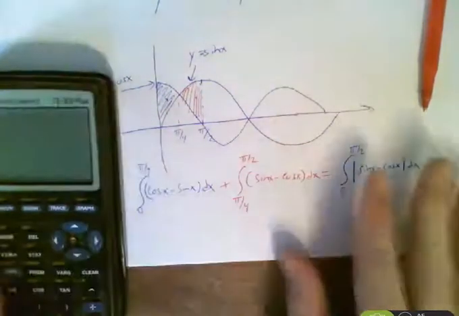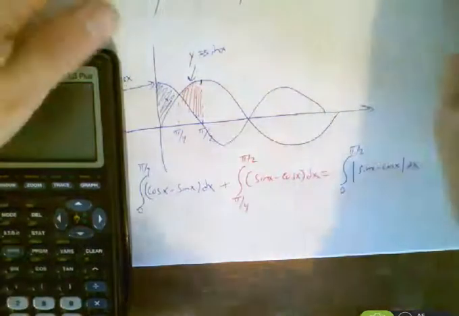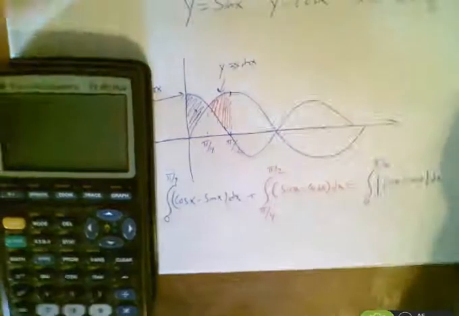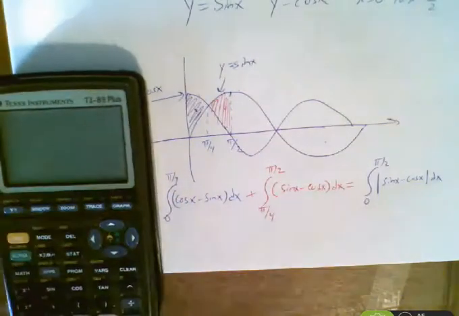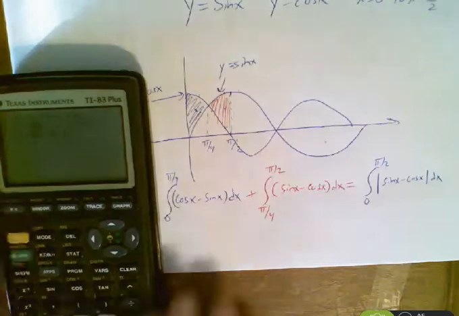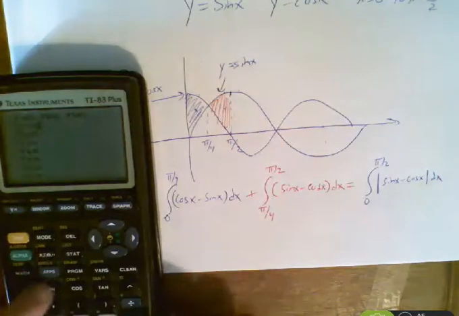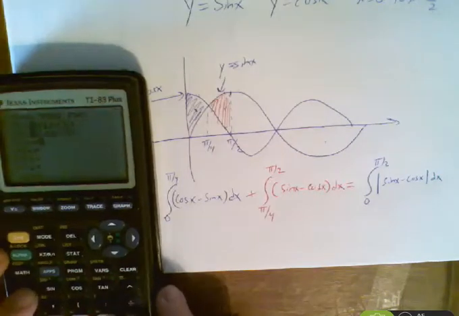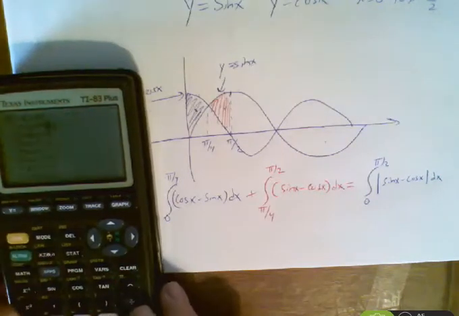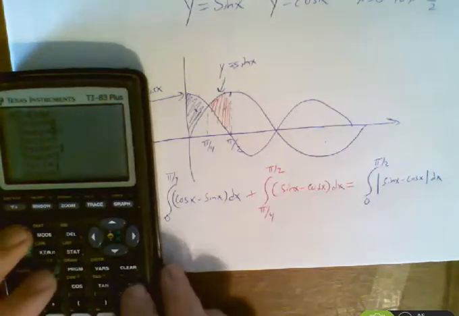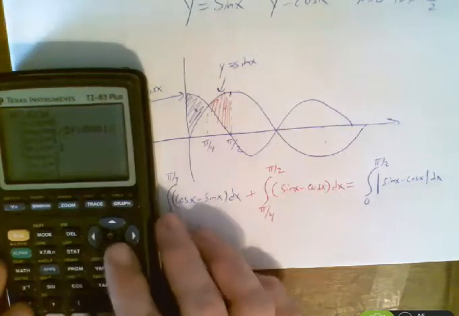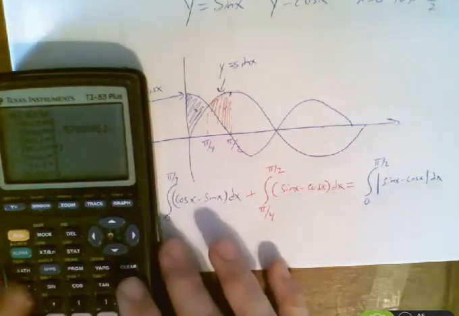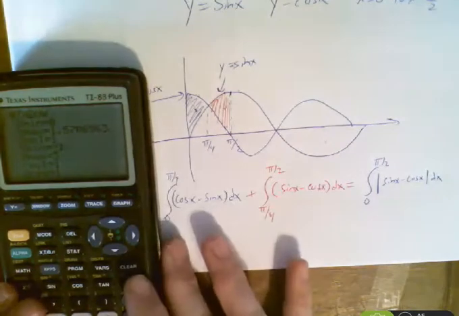Okay, so let's see. Can I fit everything on the screen here? Yeah, that's probably good. All right, so let's go sine x, cosine x. And let's go from 0 to, remember my trick in class, pi over 2, but I'm going to add in like 0.001 just in case. And it can't really go less than 1 and 1, right?